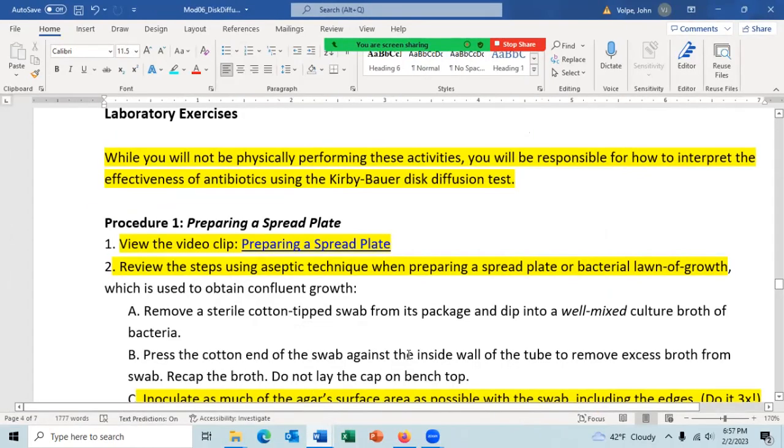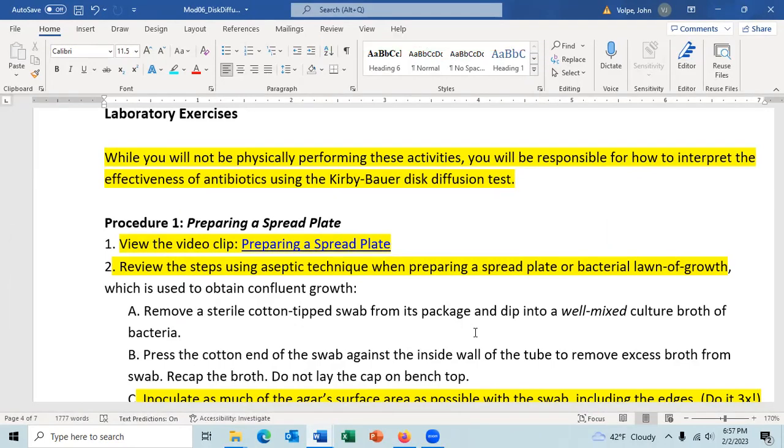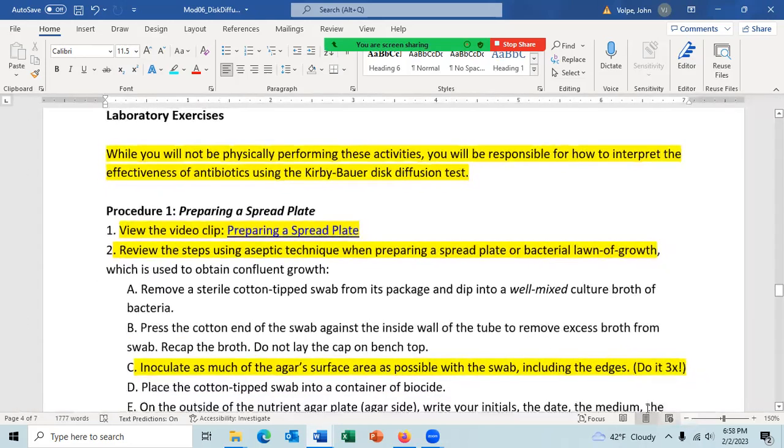So let me go back to the module. So you're not physically going to perform any of these activities. This class is online, but you will be held responsible for how to interpret the effectiveness of antibiotics using the Kirby-Bauer disc diffusion test.